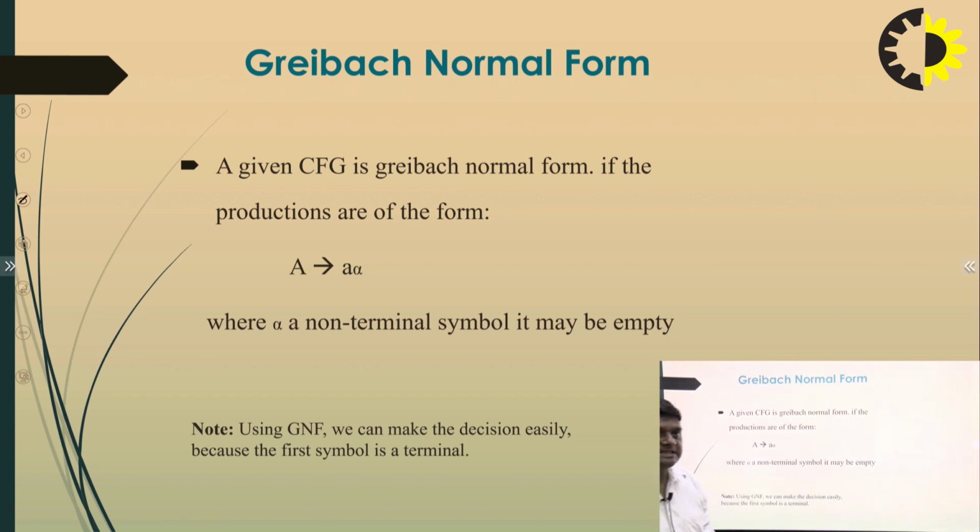Now our topic is Greibach normal form, known as GNF. If a context-free grammar is in the form A implies a alpha, where small a is a terminal symbol and alpha represents non-terminal symbols, and alpha may be empty, meaning A implies a can also be in the form of GNF.